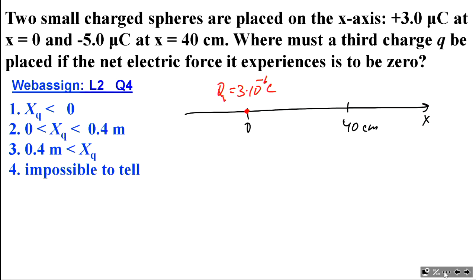However, this second charge, Q2, now is negative and equal to -5 microcoulombs.